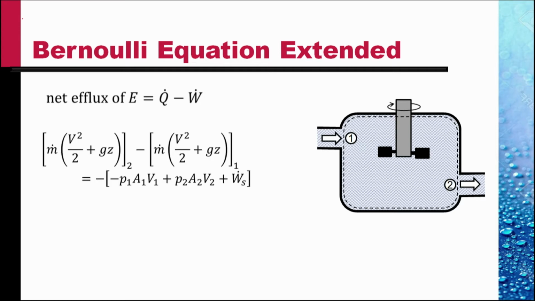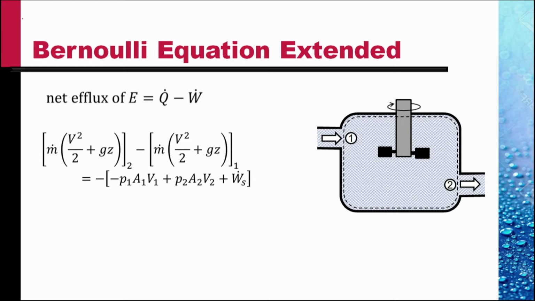Net efflux of E is m dot, the rate of mass throughput, times V squared by 2 plus gz, the specific energy per unit mass at the outlet, minus m dot times V squared by 2 plus gz at the inlet.